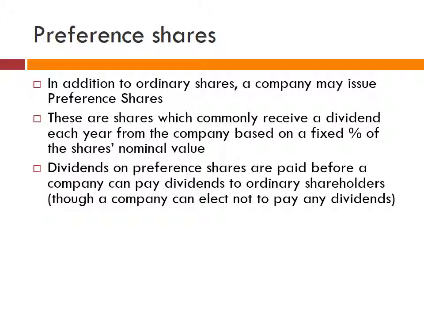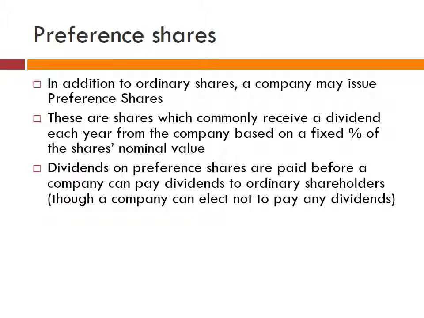Now, the reason why they're still attractive to investors is that dividends on preference shares are paid before a company can pay dividends to ordinary shareholders. Although it is the case that a company can still elect not to pay any dividends at all, if it is going to pay them, they have to pay their preference shares first.